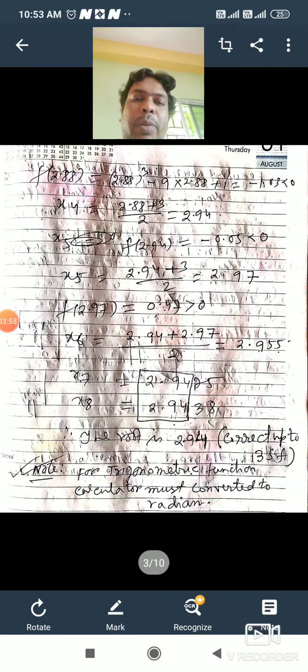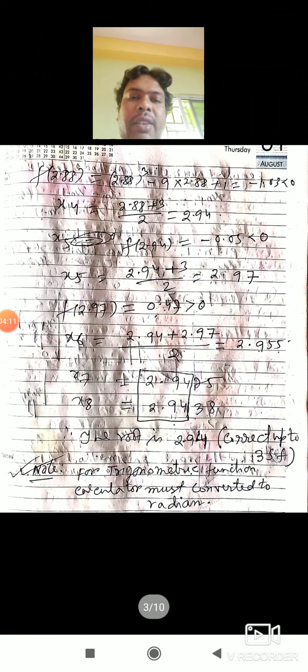So x5 equal to (2.94 plus 3) by 2, equal to 2.97. Now we calculate f of 2.97, equal to 0.47, greater than 0. Now the root lies between 2.94 and 2.97. So we calculate x6 equal to 2.955.